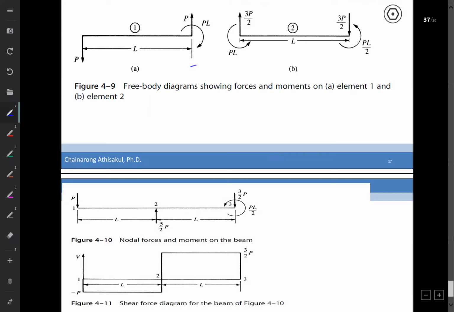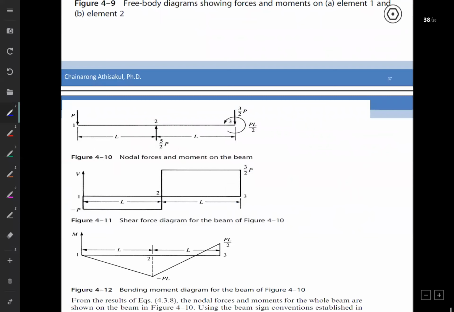According to the nodal force that we obtain for each element, if we plot it as a shear force diagram and bending moment diagram, we obtain the solution like this. And you have to note that the solution that we obtain is only at the nodes.